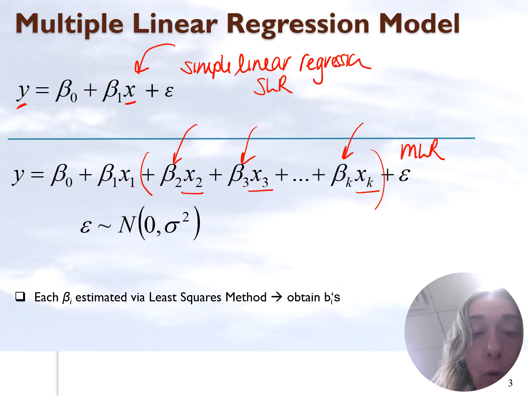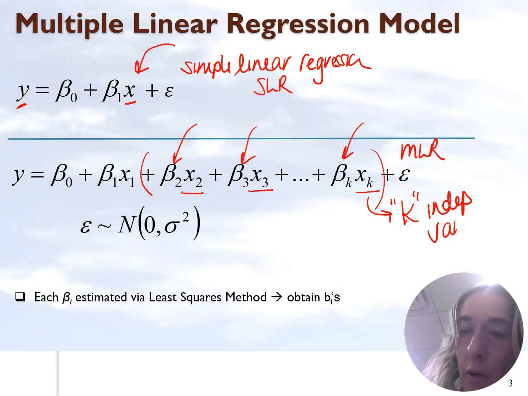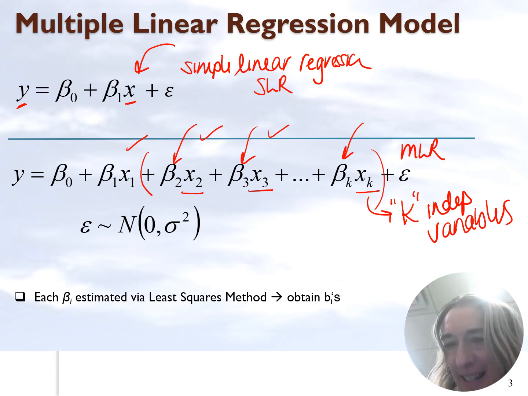So in this case, we have k independent variables. Our independent variables are x1, x2, x3, and all the way up to xk, where k is the number of independent variables in our model.